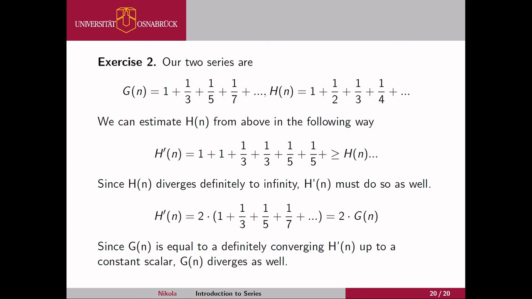And since a definitely diverging series has the limit value of positive infinity, this means that if it is equal to another series, just being off by a scalar of 2, it still has to be infinity. Because infinity divided by 2 is still infinite. This is not an arithmetic operation.